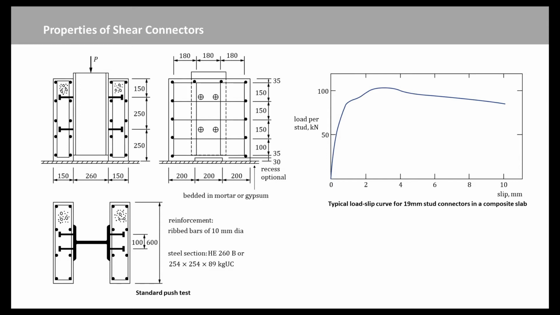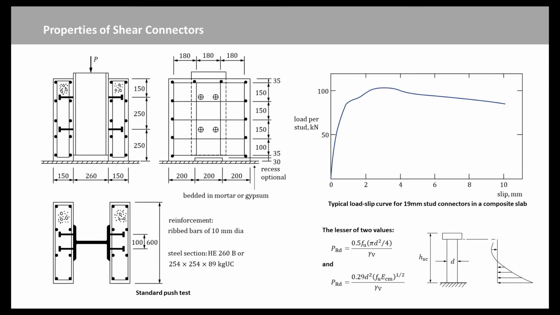Tests have to be done for a range of concrete strengths, because the strength of the concrete influences the mode of failure, as well as the failure load. Studs may reach their maximum load when the concrete surrounding them fails, but in stronger concrete, they shear off.